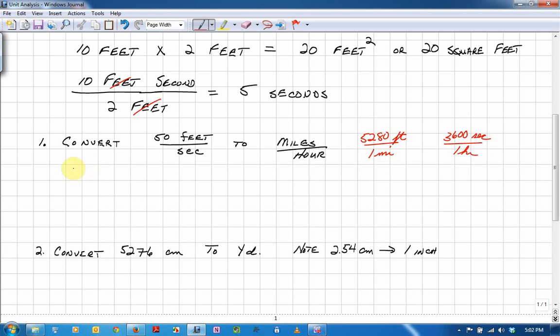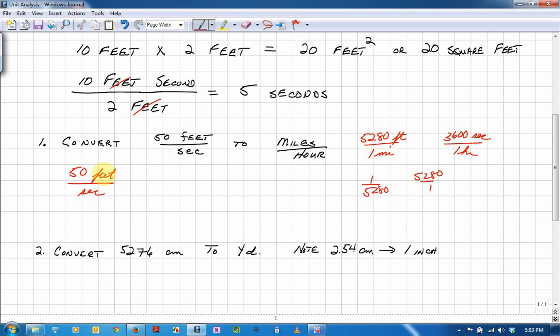So I have 50 feet per second, and I want to change that to miles per hour. So I'm going to do the feet part first. So I have this 5,280 feet. Do I write it as 1 all over 5280 in my equation? Or do I write it as 5280 all over 1 in my equation? Well, let's look at the units.